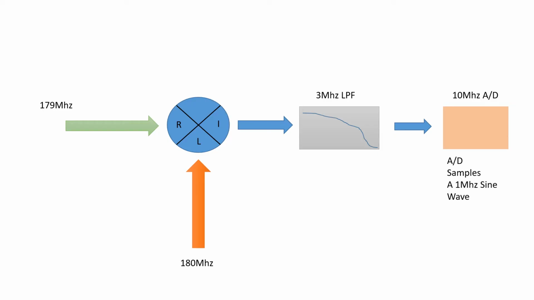But now, let's say the input signal is 179. Well, the analog digital converter over here will also see 1 megahertz. Some might say it's a -1, but the analog digital converter will not be able to tell that because it only has one A to D. It has nothing to reference or compare it to. So at the A to D here, we cannot tell whether 179 is the input frequency or 181.